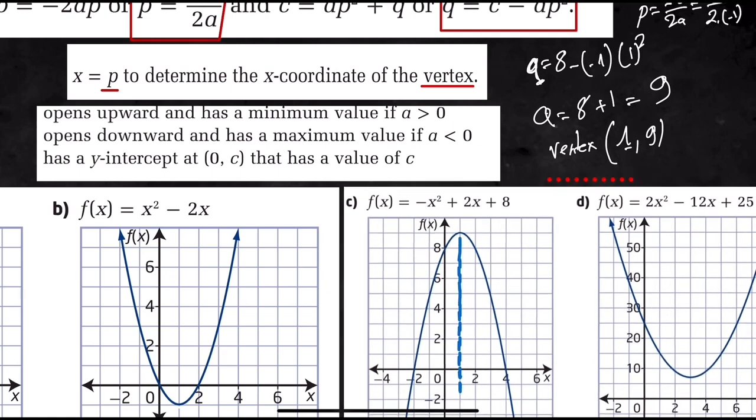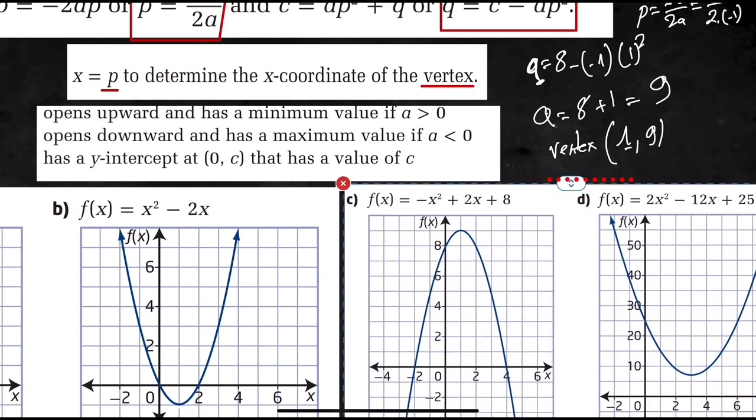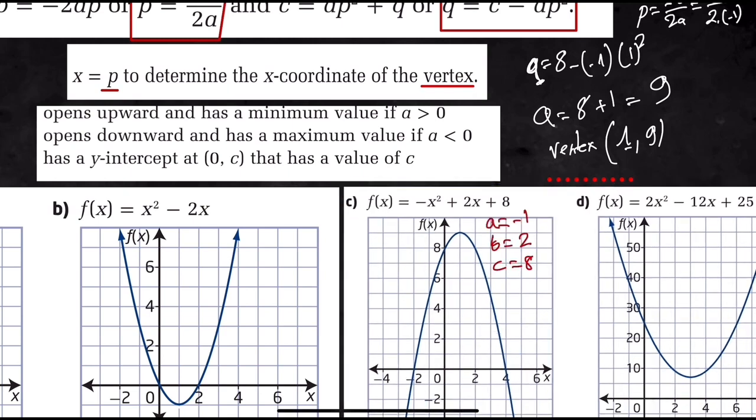So 1 is my axis of symmetry. Good. So now the vertex point is, you go to 1 and you go up 9. So this is my vertex. My vertex is 1, 9. Okay.